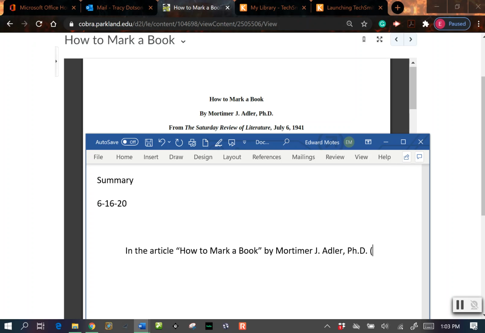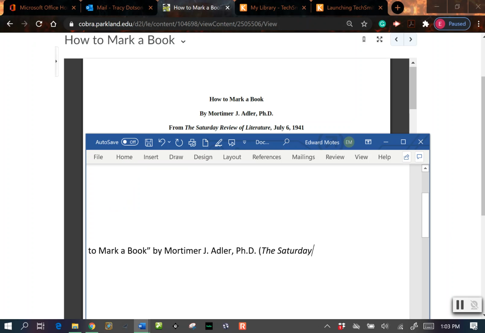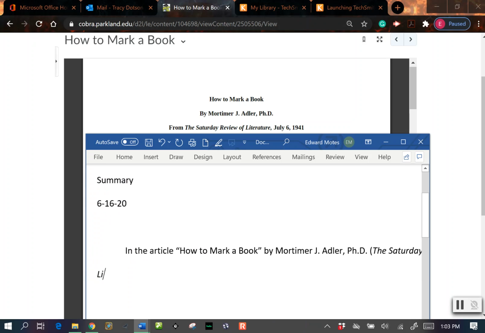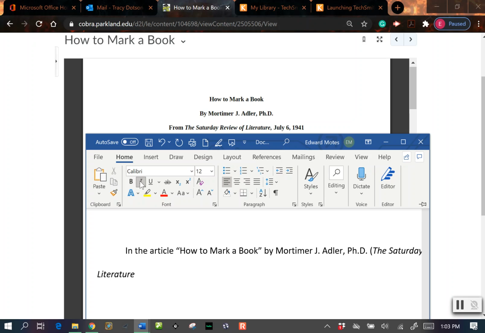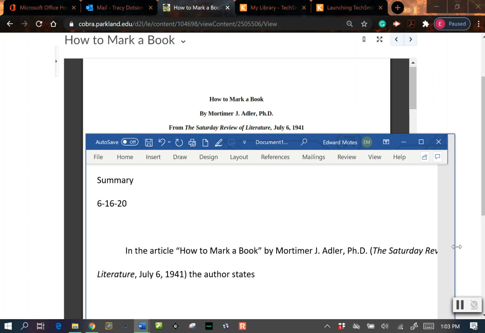And then here we're going to put in our source. So we're going to italicize the Saturday Review of Literature. And don't forget to go and unitalicize. Then you'll comma, July 6, 1941, in parentheses. The author states, and then now we have to come up with our thesis statement.